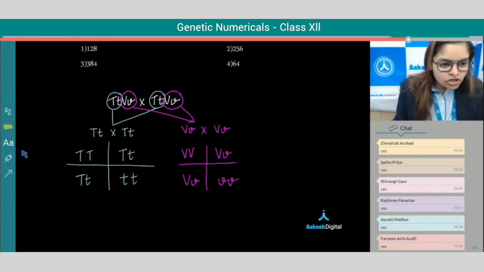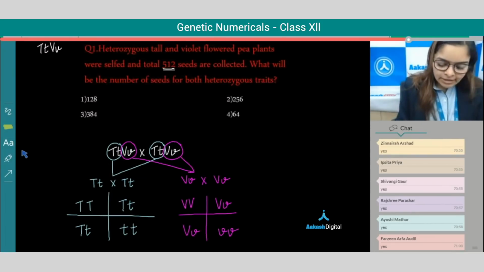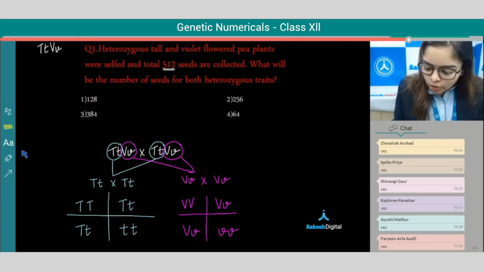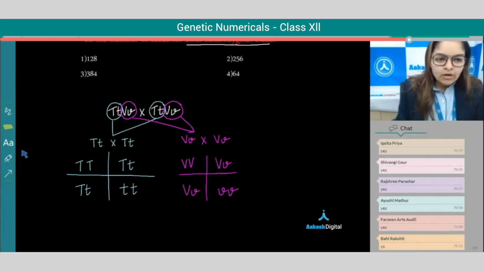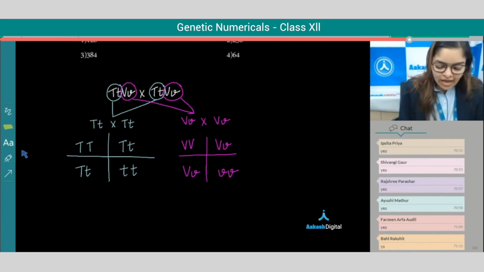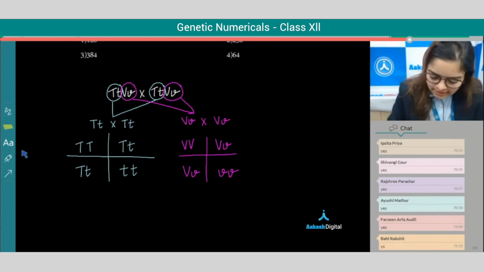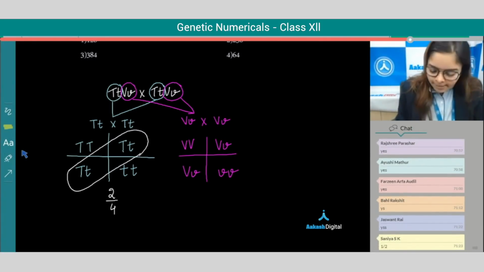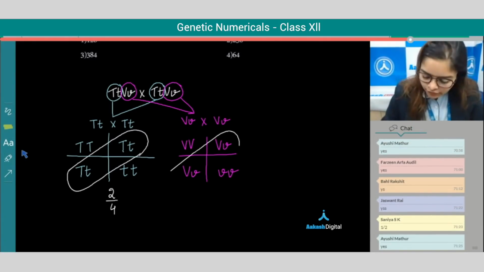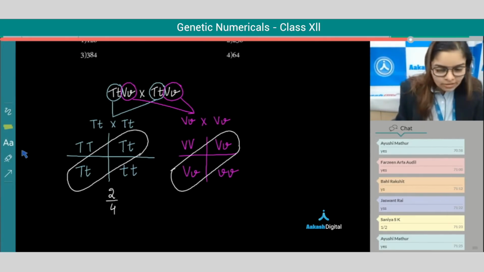And as per the question, you have to tell me the number of seeds for both the heterozygous traits. So you have to see the conditions where we have heterozygous traits. Can I say for the first cross, we have 2 by 4 times heterozygous traits? Similarly, for the second condition, we have 2 by 4 heterozygous traits.